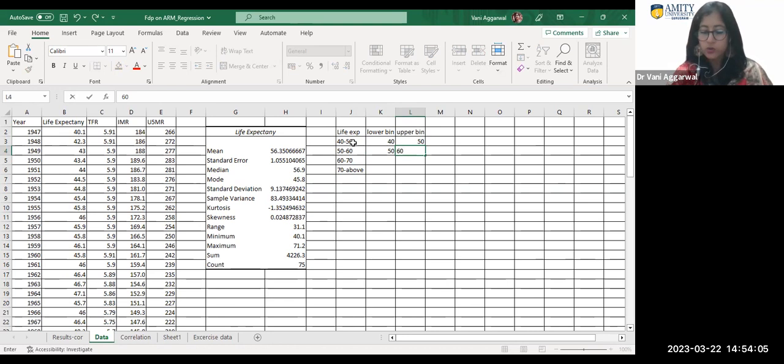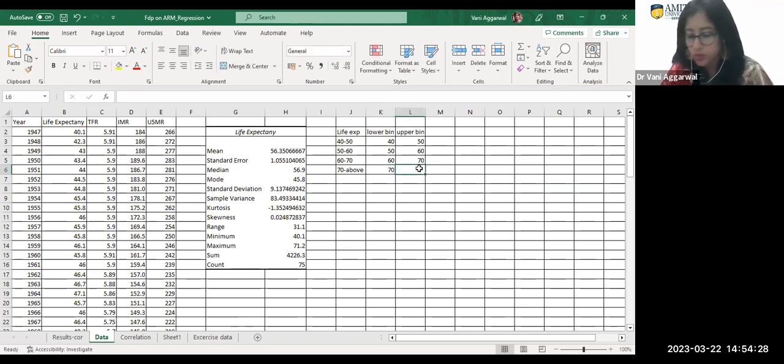So if 0 to 40 is there, your lower bin is 0, upper bin is 40, like this. Do not think about what to do if 0 is there. Write a 0 in the lower bin, then 60, 70, then 70, and keep it like this. Because for 70 and above, we don't know the highest figure.